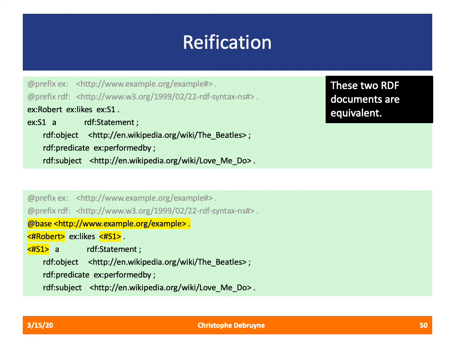And you can see that rather than availing of the namespaces for referring to Robert and the statement, I use the base directive and use relative URIs to refer to those. I just wanted to provide another example of how one can use base URIs in RDF documents.